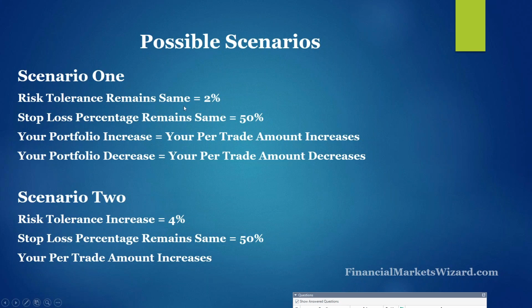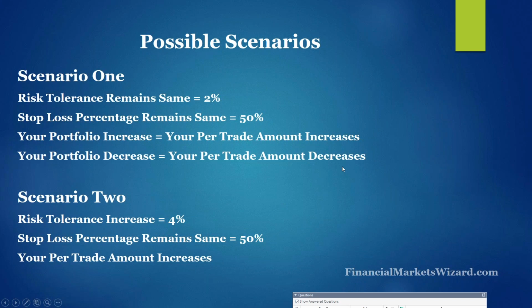You just say, okay, each trade I'm willing to lose 2%, and each trade when the stock goes against me 50%, I'll get out, or the option goes against me 50%, I'll get out. So these 2 things are constant. The only thing fluctuating is the price. So when your portfolio goes up, you can increase your per trade amount. If your portfolio is going down, you decrease the amount.